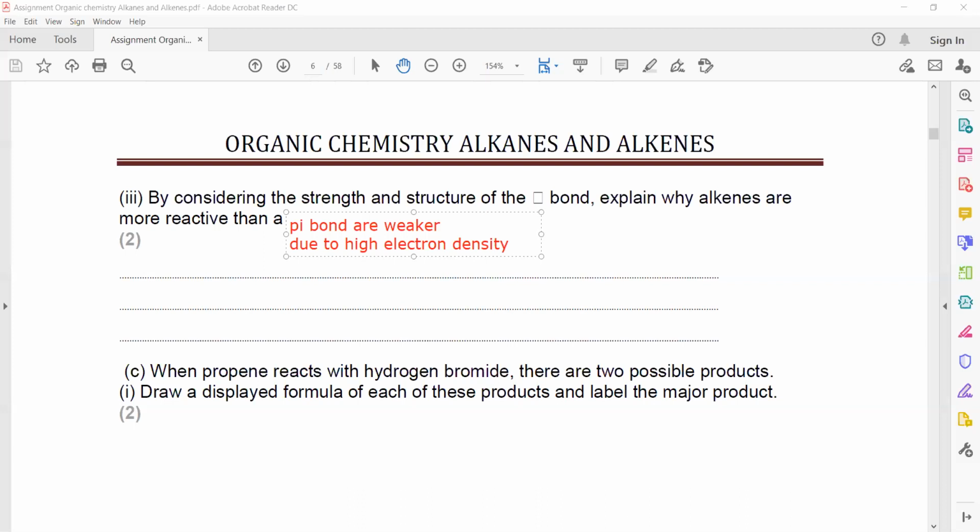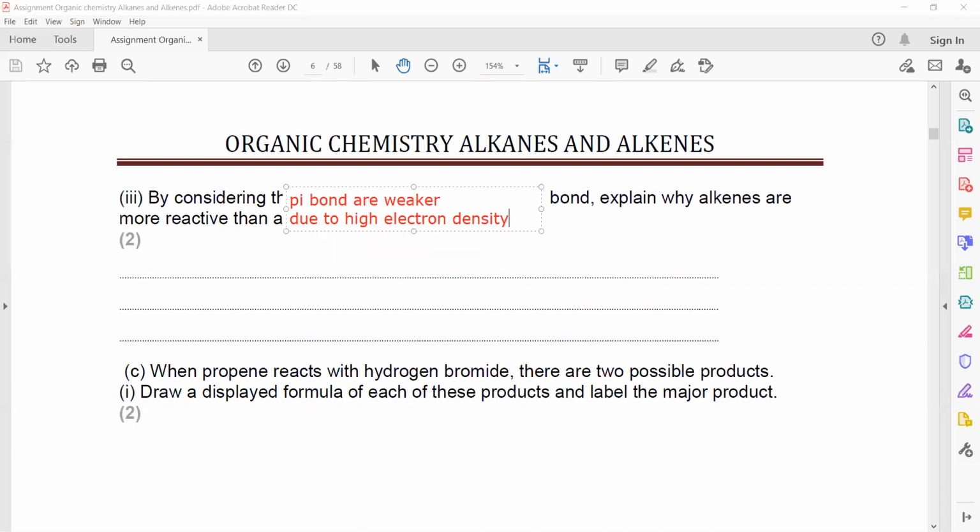if electron density is high, they are more accessible to electrophilic attack.